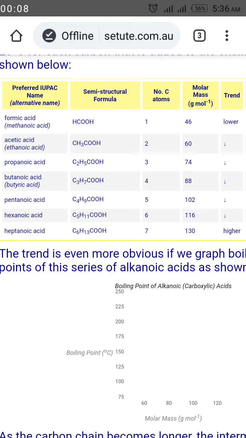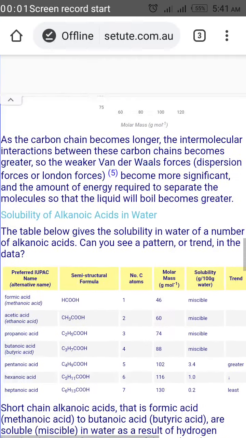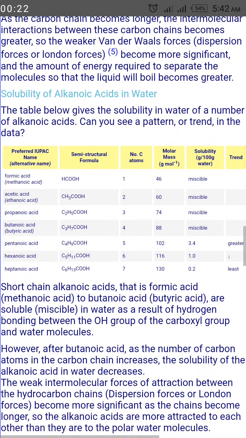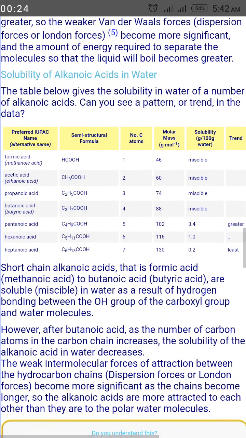So get that. It is important to note that as the carbon chain becomes longer, the intermolecular force of attraction between the chains becomes greater. So the weak van der Waals force becomes more significant, and the amount of energy required to separate the molecules so that the liquid will boil becomes greater.